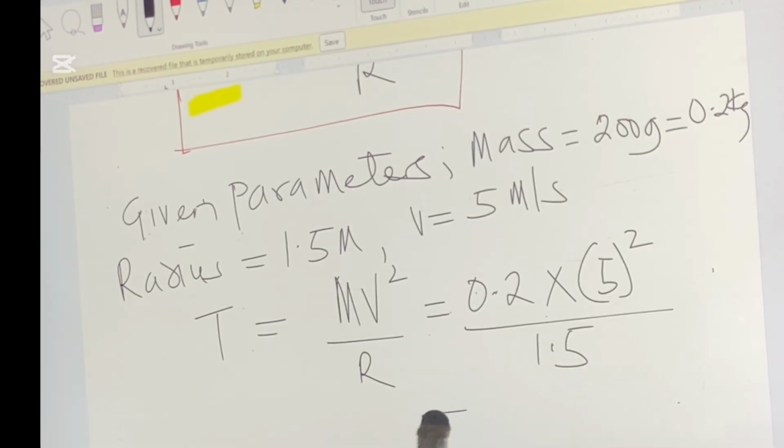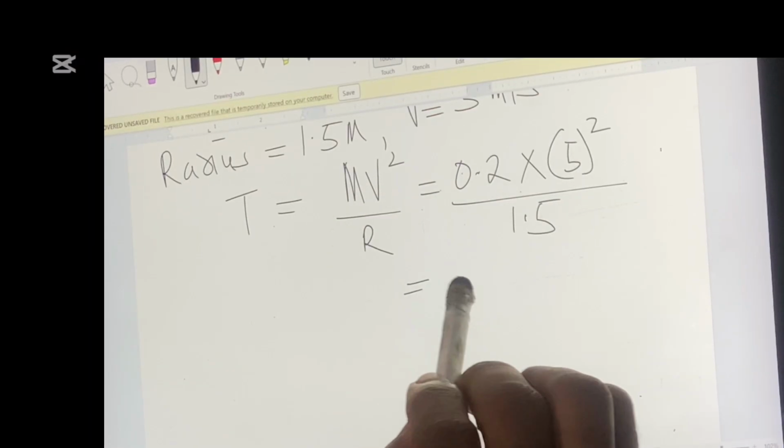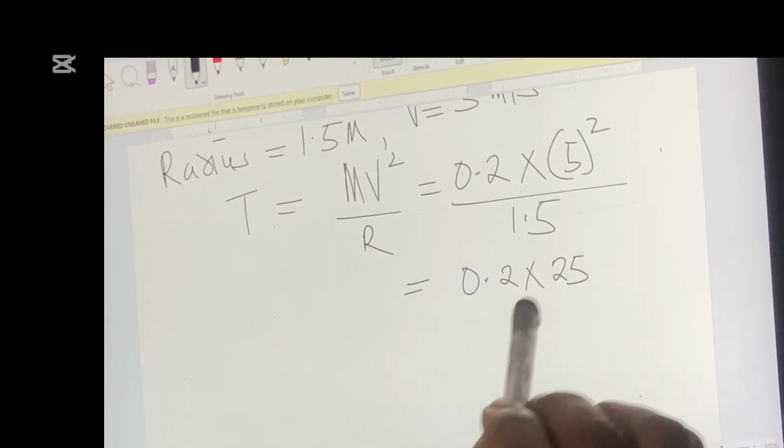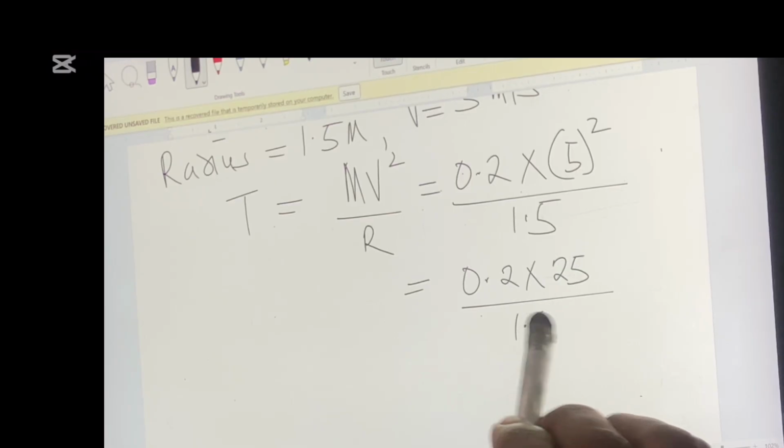Please take note, okay? So class, 5 all squared is 25. So I'll have 0.2 times 25 divided by 1.5, okay?